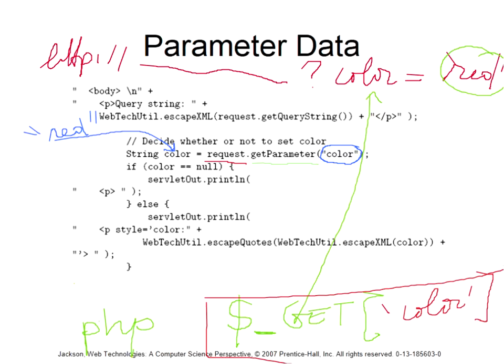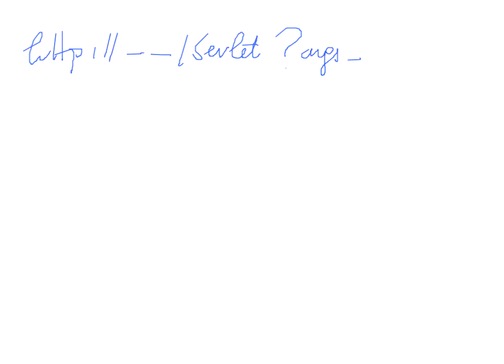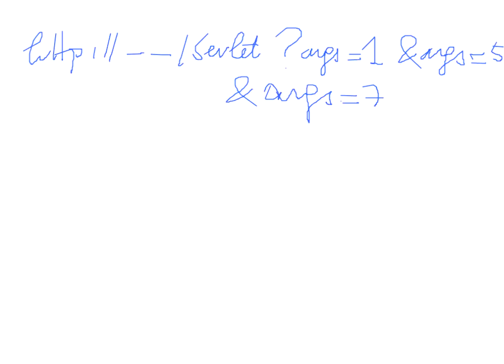Okay, if we have another example like this: an HTTP servlet request with arg equal 1 and arg equal 5 and arg equal 7 and B equal hello.